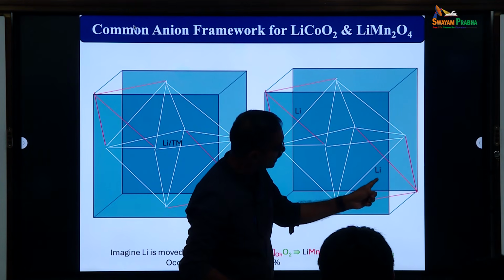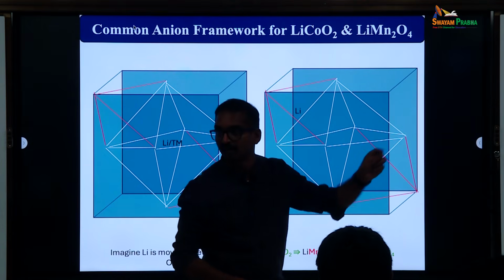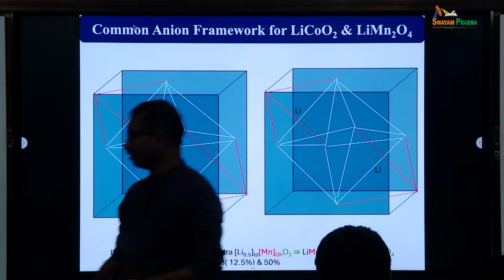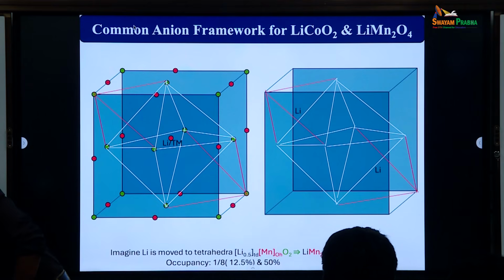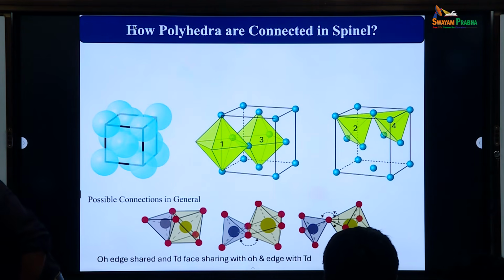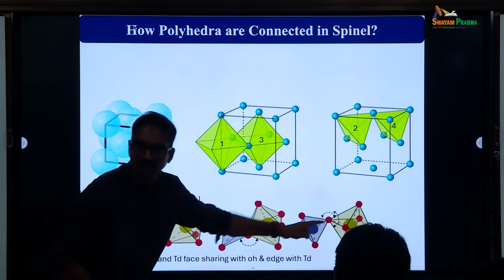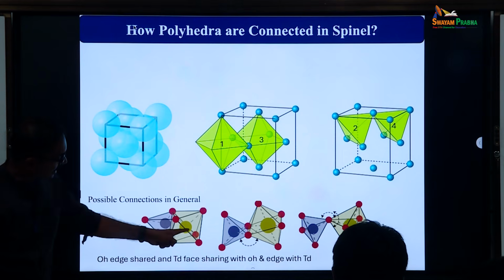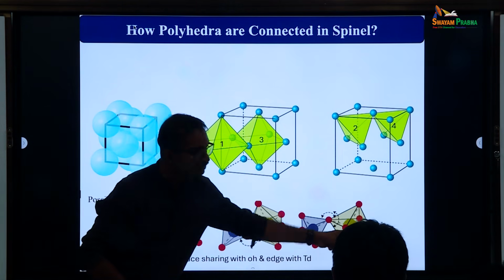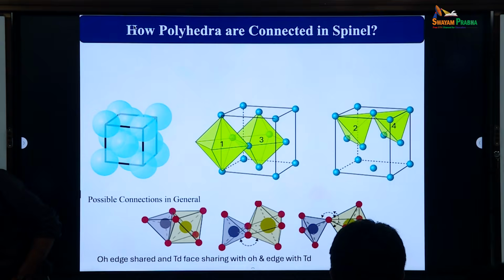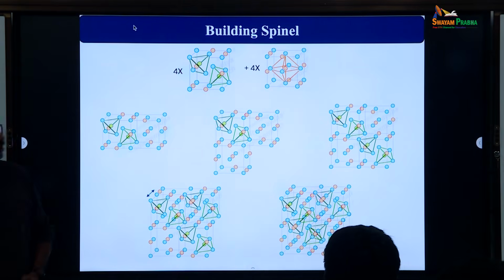So there is corner sharing between the tetrahedra and the filled octahedra. Correct, no? How will you visualize that? This is face sharing, edge sharing, corner sharing. The gap between the cations changes. Correct?